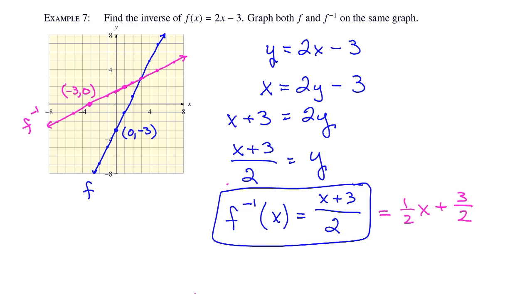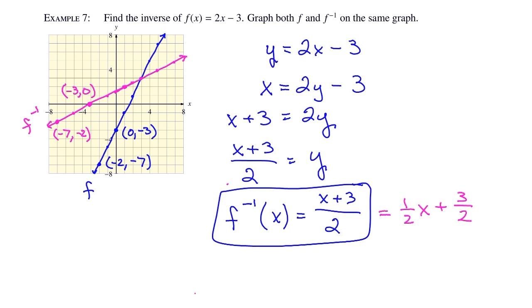Perhaps there are some other points. Here is -7, -2. And here is -2, -7. What is the pattern? You are flipping around the x and the y.